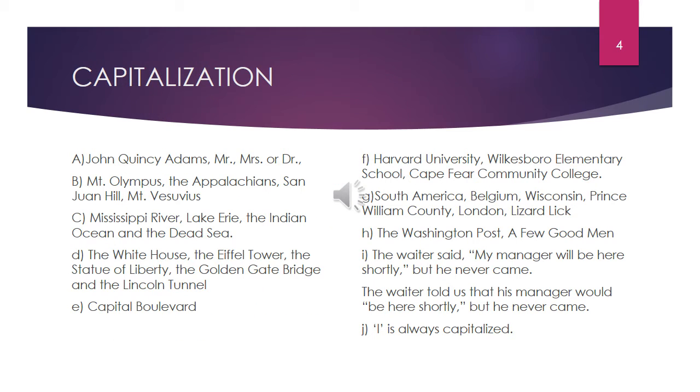So here are rules for capitalization. First, you can see these are the names of people and even titles as well. For example, John Quincy Adams is written with a capital letter: J for John, Q for Quincy, A for Adams.